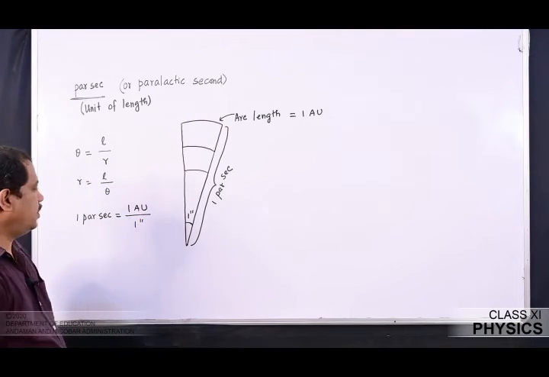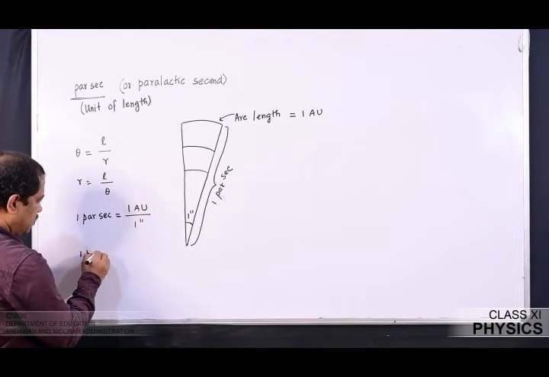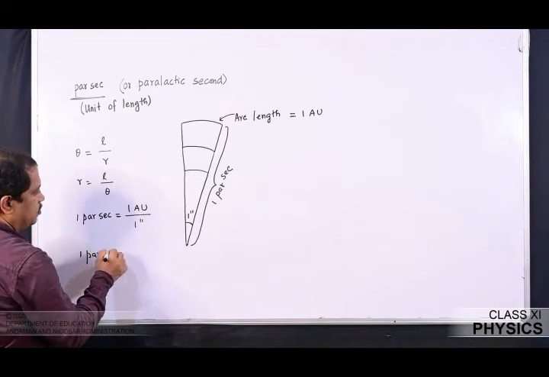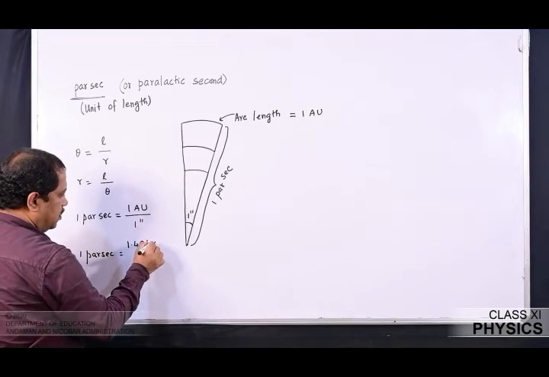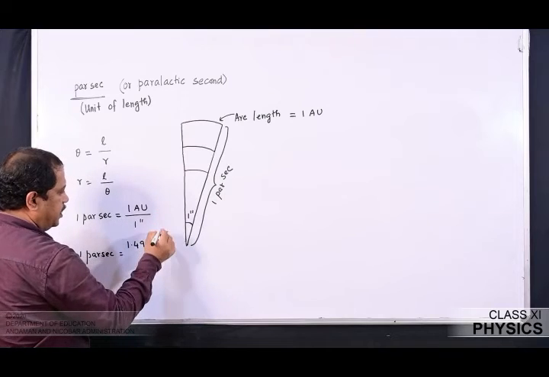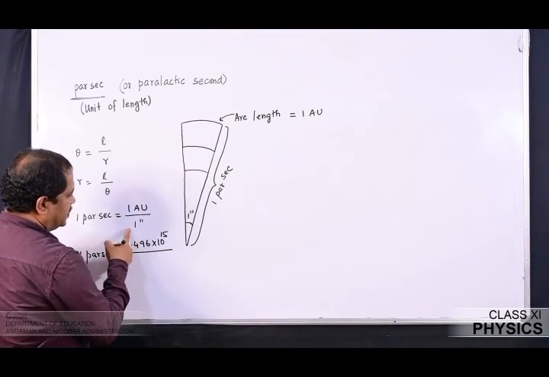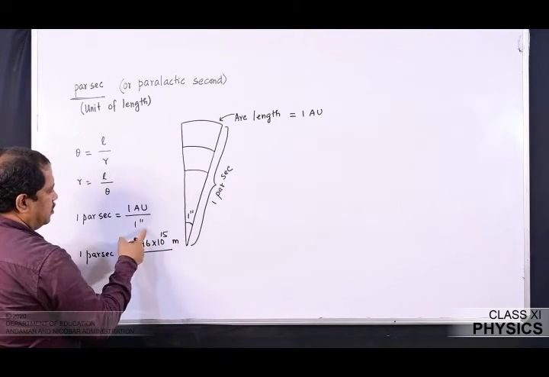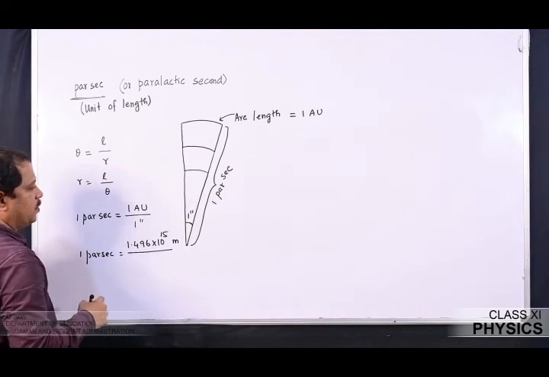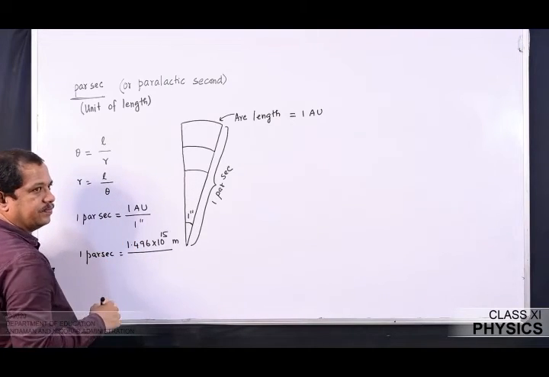So I need to convert this value now. To convert, 1 parsec is equal to 1 astronomical unit, which is 1.496 into 10 power 11 meter, over 1 second, which is not an SI unit. So this is meter, and 1 second, I know 1 second in terms of degree.